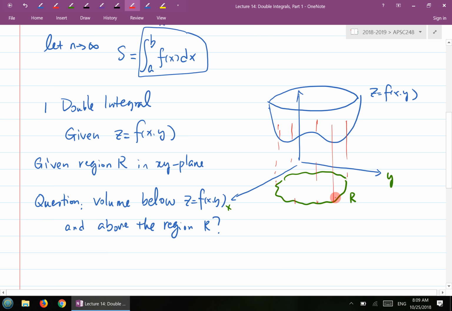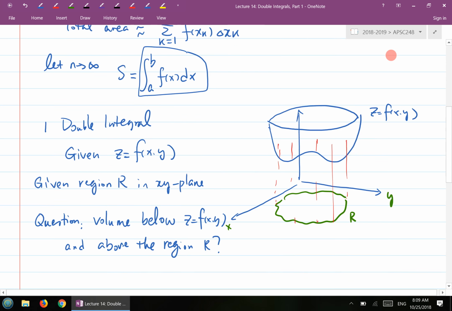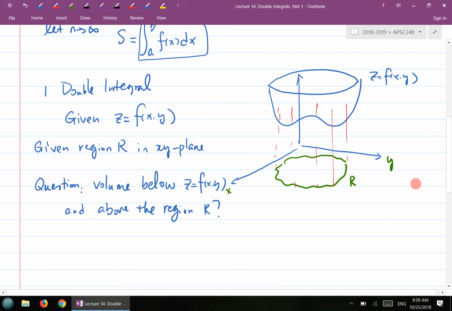I'm going to use exactly the same kind of logic as for functions of a single variable to illustrate how to calculate the volume here. Let's pick a point anywhere in the middle, and call it x of k, y of k. Those are the coordinates of that point. Then I will create a very small rectangle around that location.